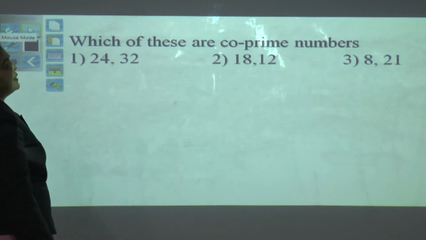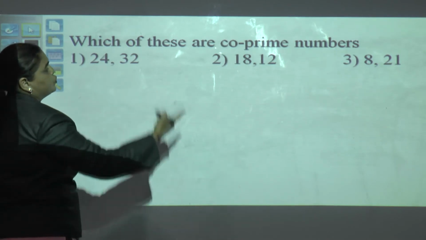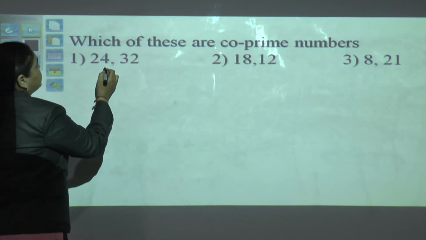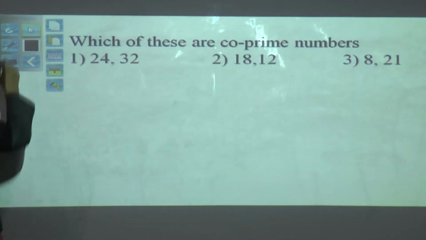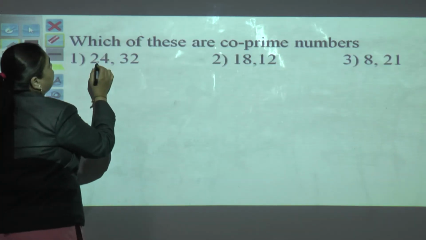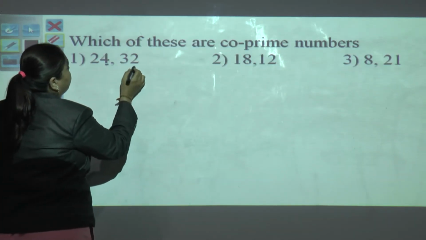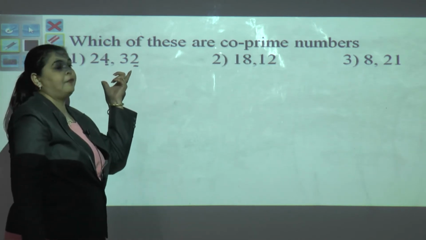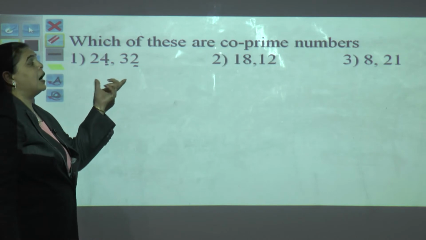Now in the previous class we also learned about co-prime numbers. I will show you how to do it in a very easy method. Here we have two even numbers. We can say that when there are even numbers, the factors are more.